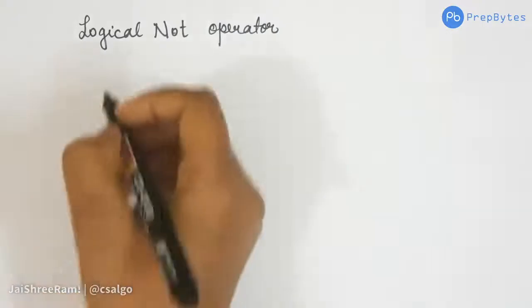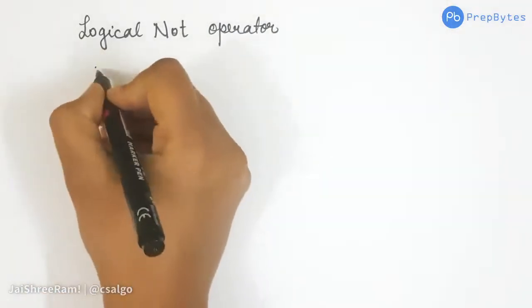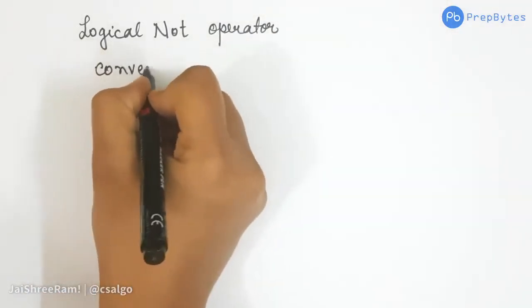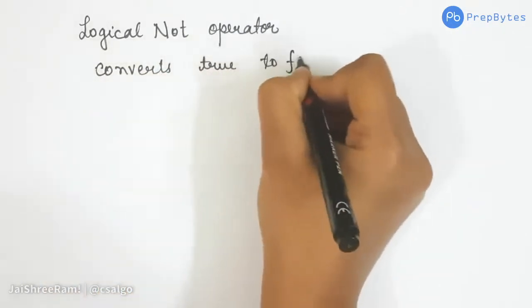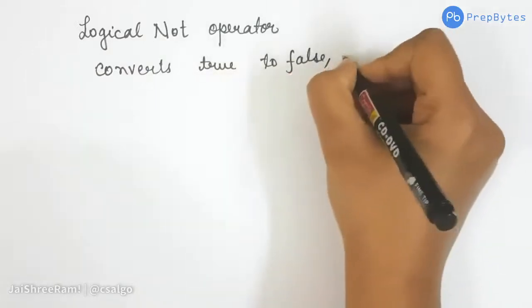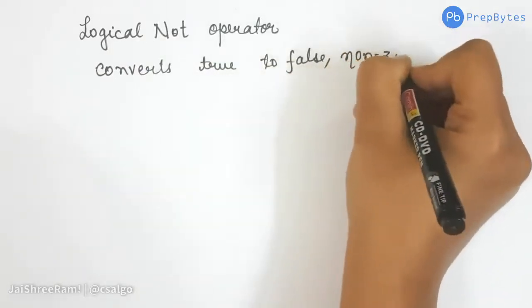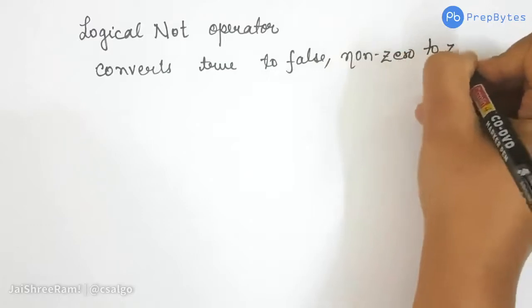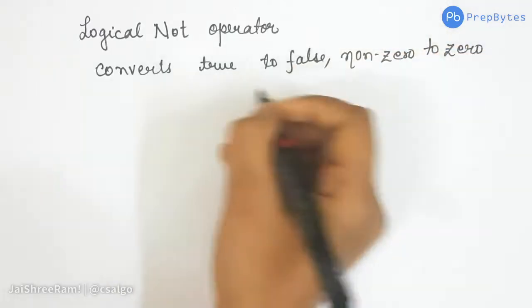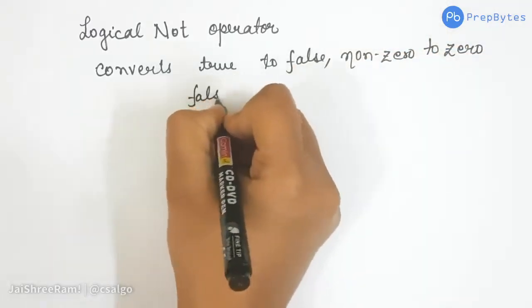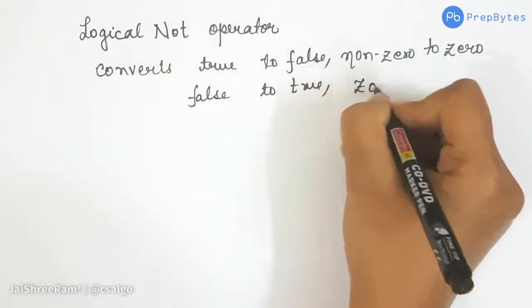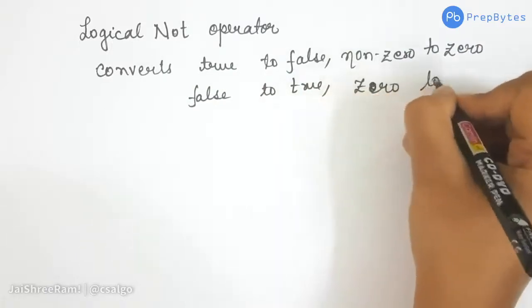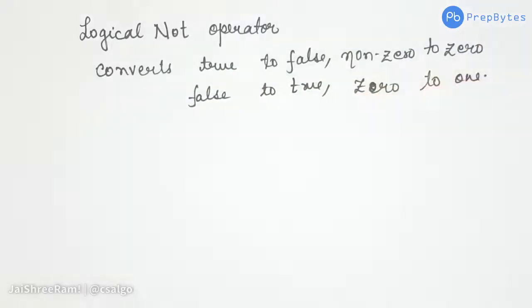It just converts true to false, or I can say non-zero value to 0, and converts false to true, again 0 to 1.